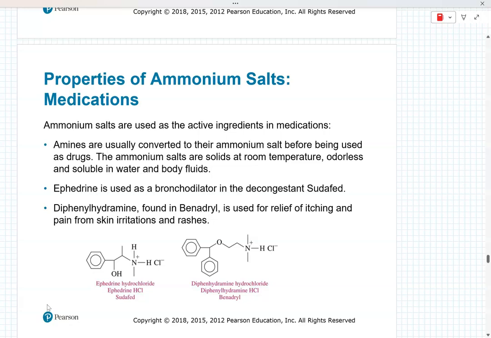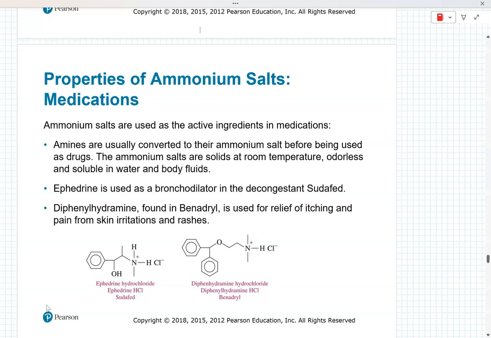So a lot of amines are important biological mediators, okay? And the main point is these amines are very inconvenient to work with when they are in the amine form. They're usually gases or liquids with a really low boiling point.